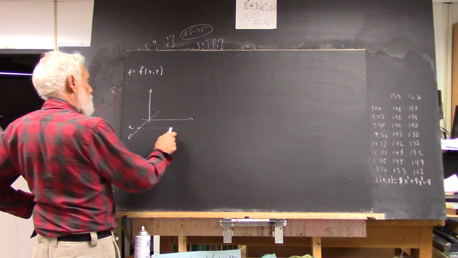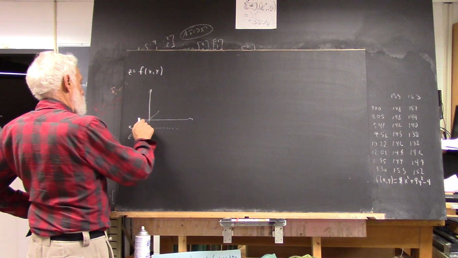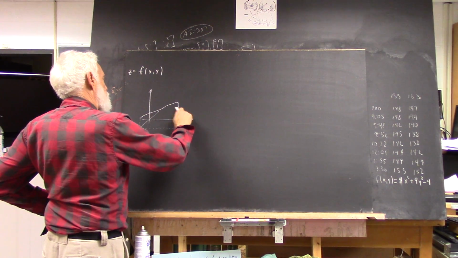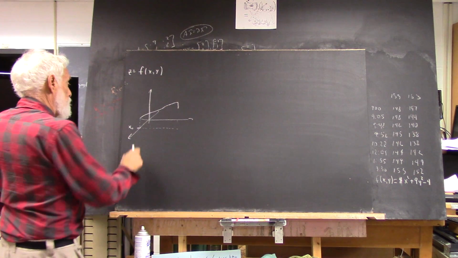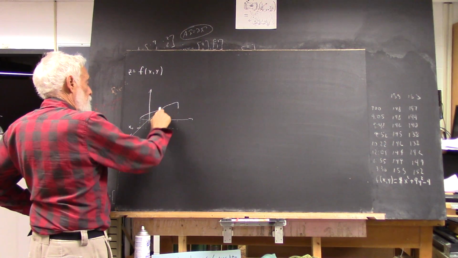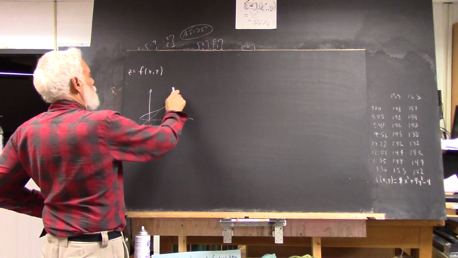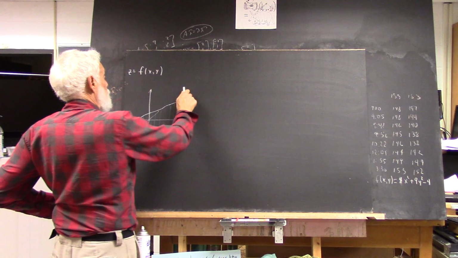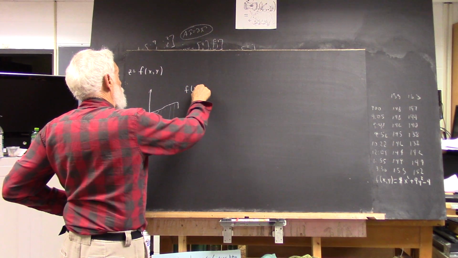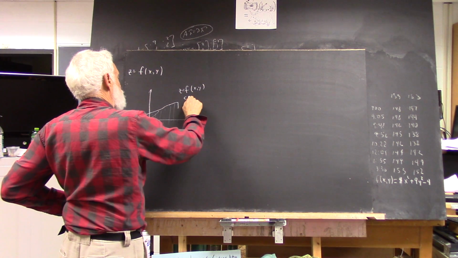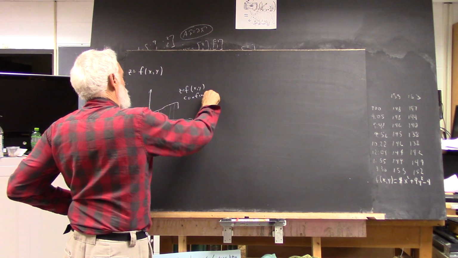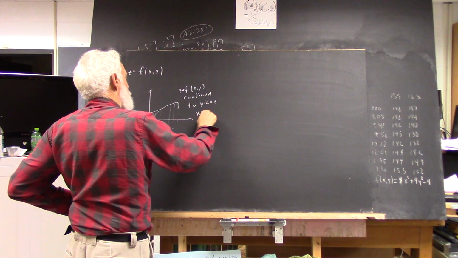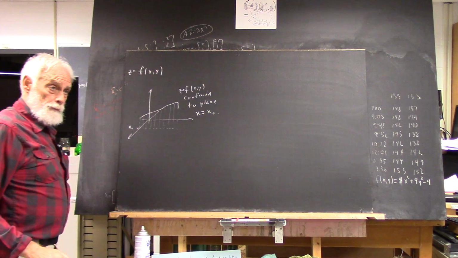And that function of y will have some curve. So here I am in the plane x equals x naught. This is f of xy confined to the plane x equals x naught.